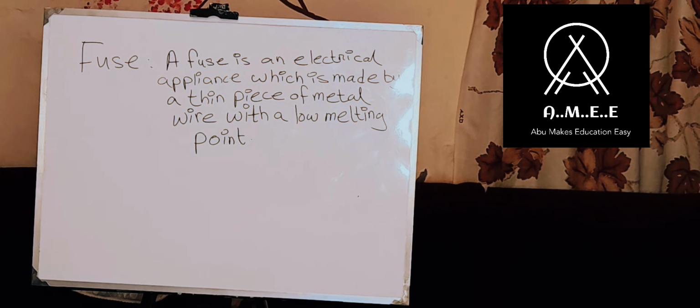For example, for a 3 ampere fuse, the highest amount of current that the fuse can handle is 3 ampere. If the amount of current is excess, greater than 3 ampere, the thin piece of metal by which the fuse is made is going to melt.